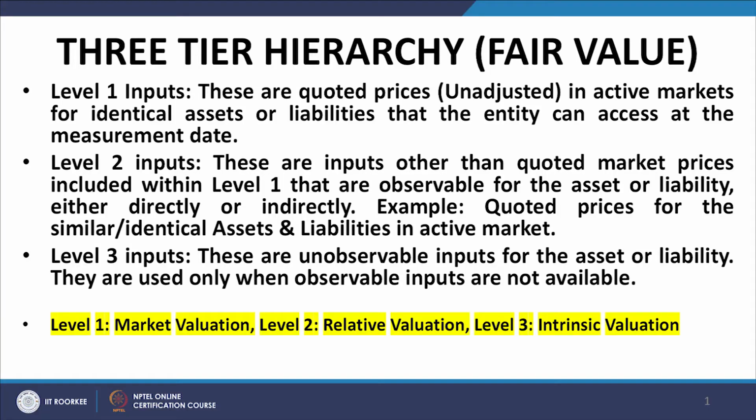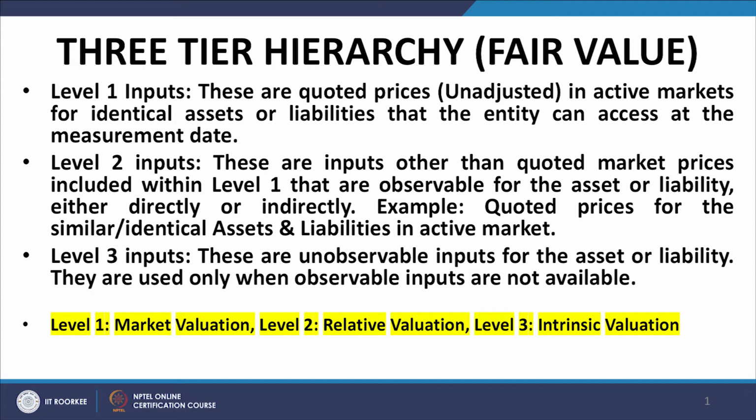The pricing hierarchy. There is a 3-tier hierarchy which has been recommended by the accounting standards for arriving at the fair value of an asset. The 3-tier hierarchy is about what inputs go into the estimation of fair value of assets.